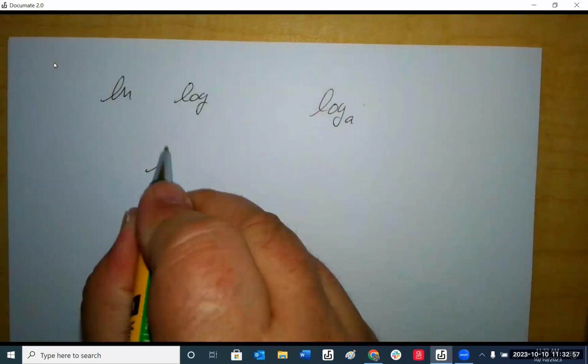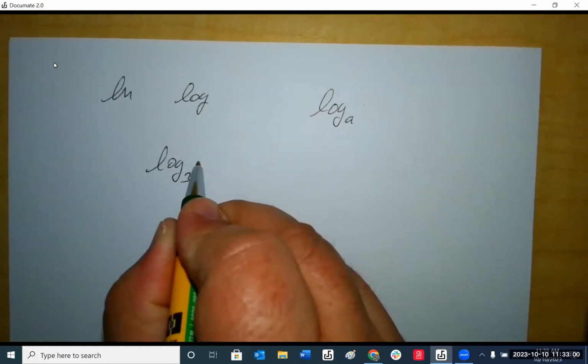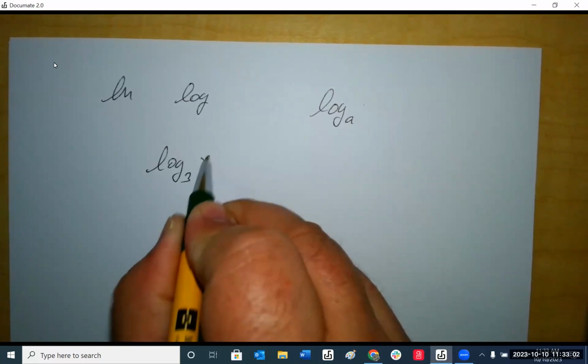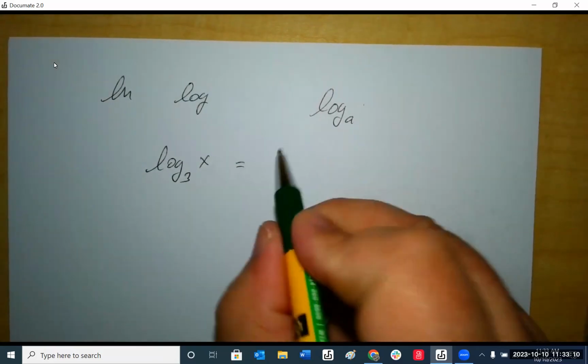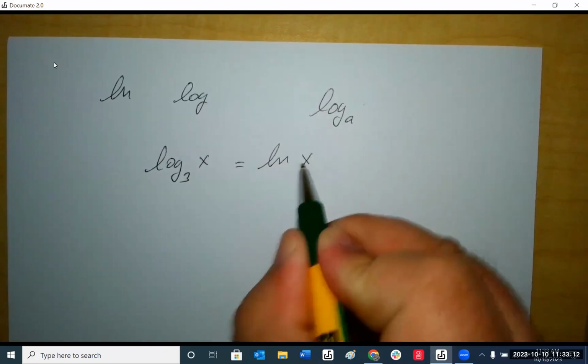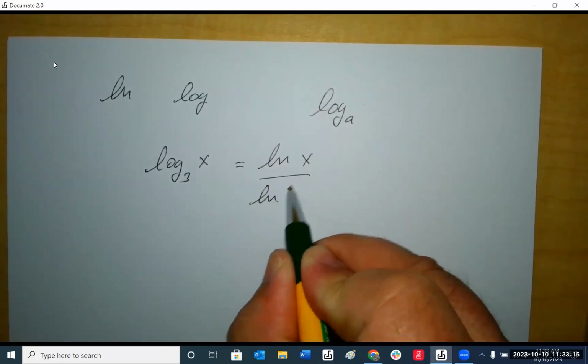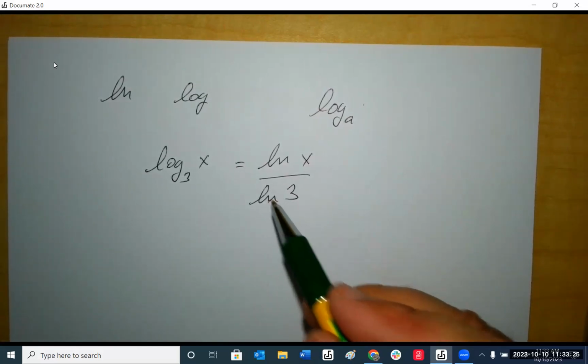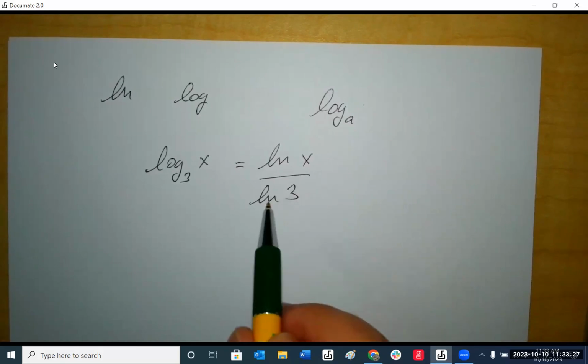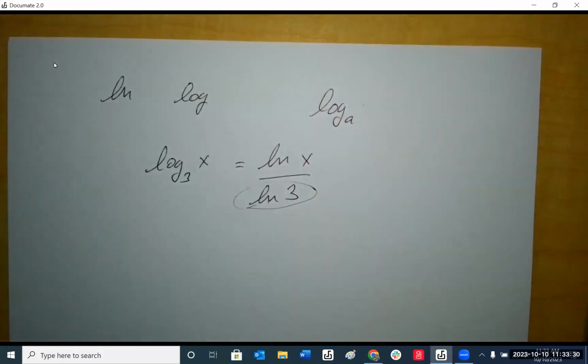So if you have log base 3 of x, you would rewrite it as that, because your calculator has an ln function, and this is a constant, and this is whatever value you want to put in there.